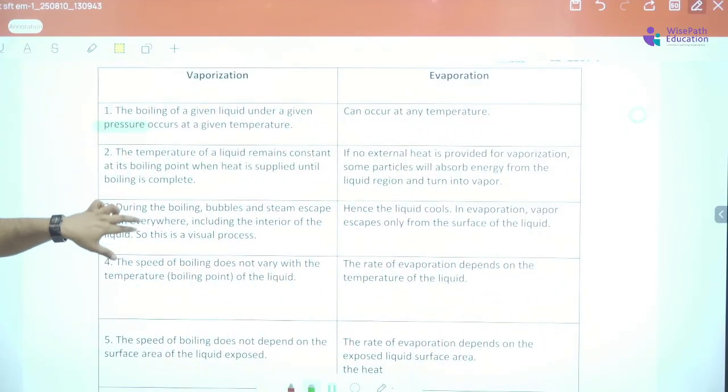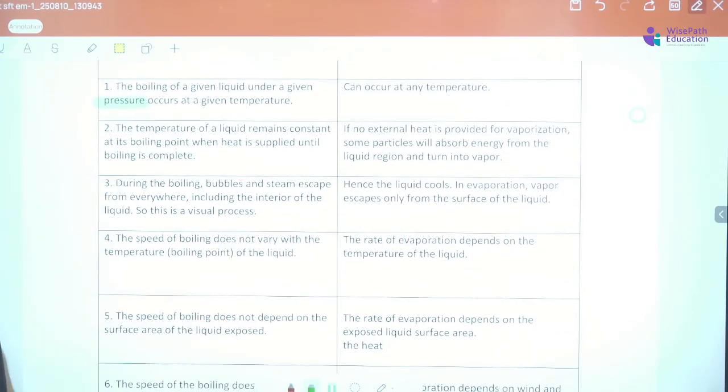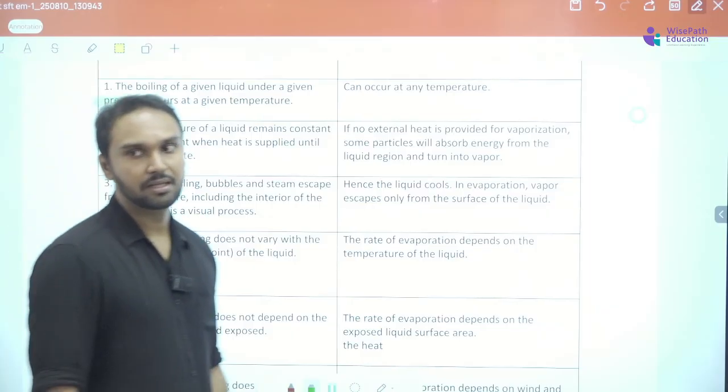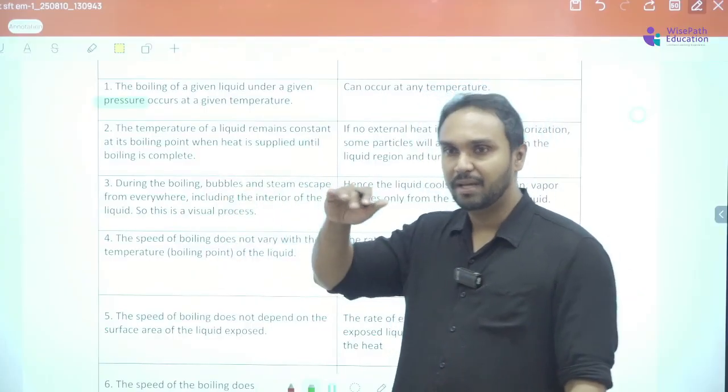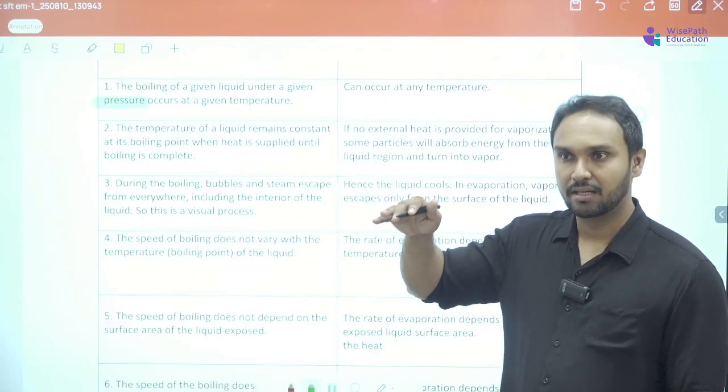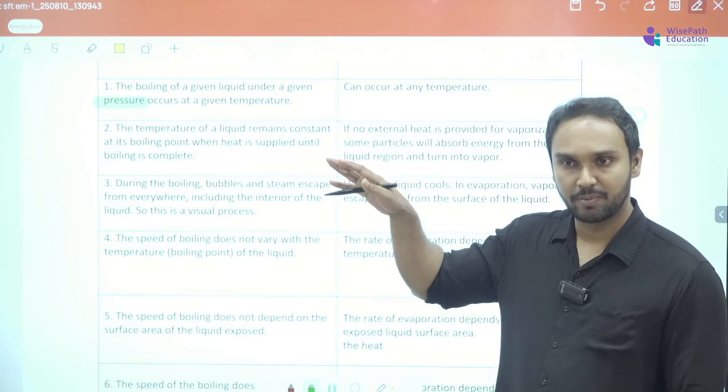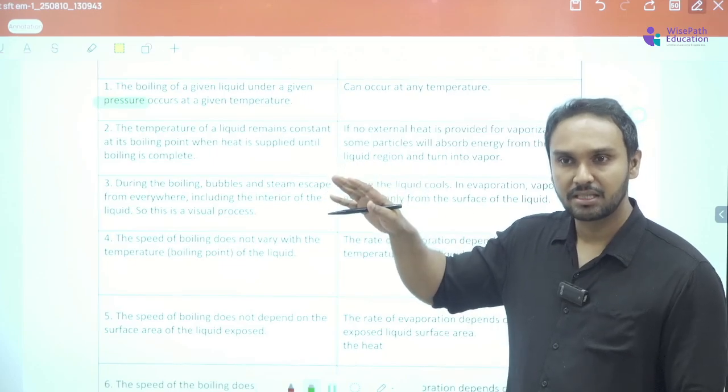So the second point: the temperature of a liquid remains constant at its boiling point when heat is supplied until boiling is complete, right? This boiling temperature remains constant until the last final drop of water is evaporated. The temperature doesn't change.